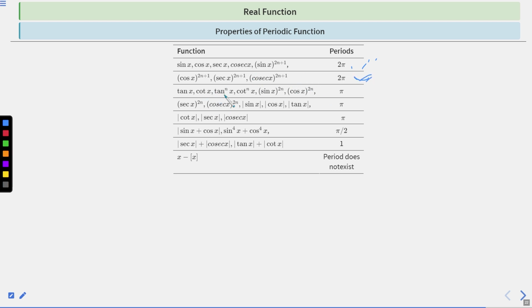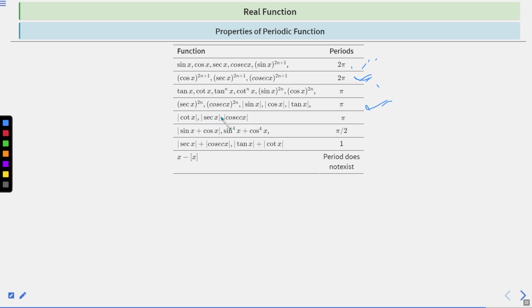Next, tan x, cot x, tan to the power n x, and sin to the power 2n, cos to the power 2n, where the power is even, have period pi. Also sec to the power 2n, cosec to the power 2n, mod sin x, mod cos x, mod tan x, period is pi.